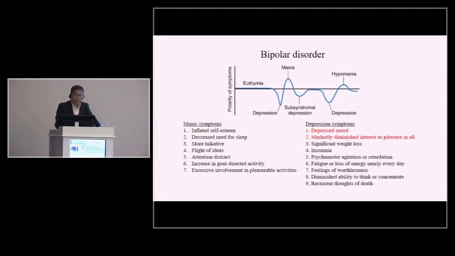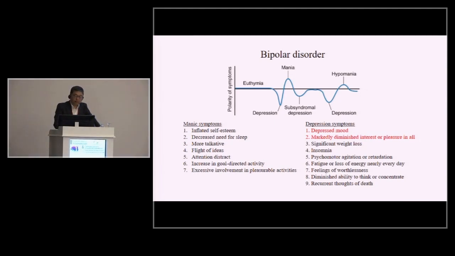And of course, we know bipolar depression is different from unipolar depression, but we use the same diagnostic criteria for both. That results in our being unable to clearly differentiate clinical symptoms, so how can we do brain imaging study? That is a very interesting question.